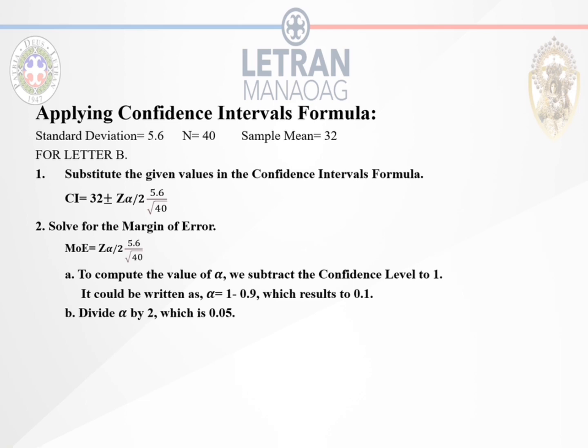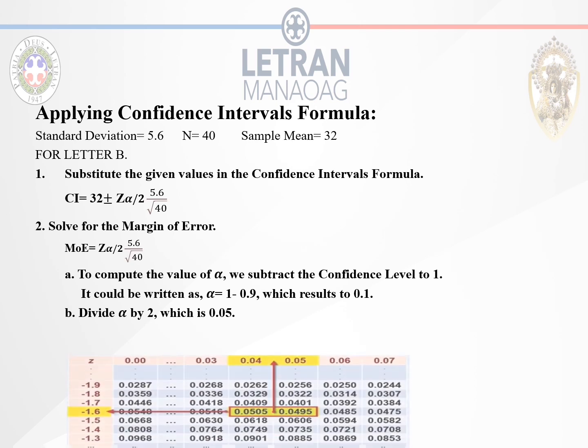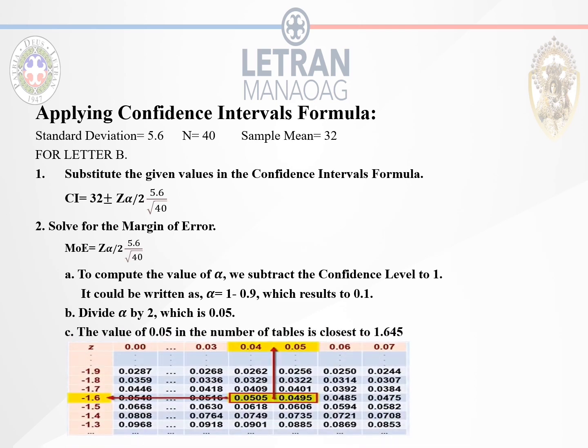The z value of 0.05 in the z table is close to negative 1.64 and negative 1.65. So we can say that its value is 1.645. And whether it is negative or positive, the value would still be the same.